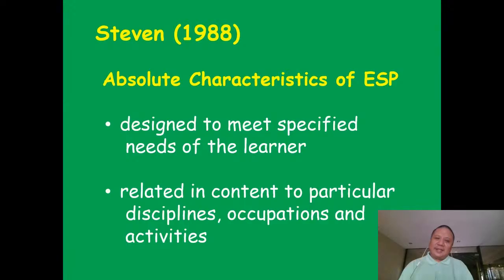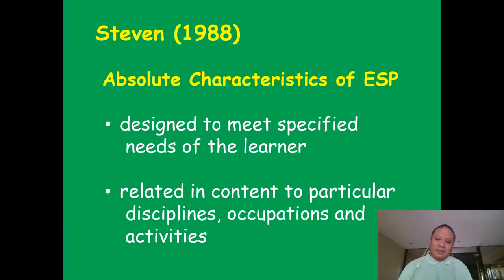Now, Stephen has given absolute characteristics of ESP. Number one, it's an absolute characteristic that it's designed to meet specified needs of the learner. So it's not general English, it's specific to the needs of the learner, whatever that need is.